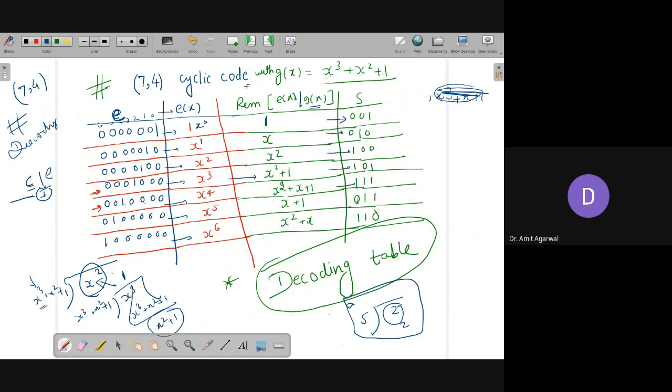This is the syndrome polynomial, as I told you. So we just write its corresponding syndrome vector. It is 0, 0, 1, correct? Because the syndrome polynomial, if you remember, has only 3 bits, right?